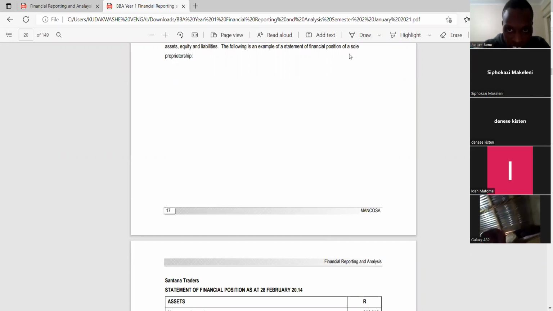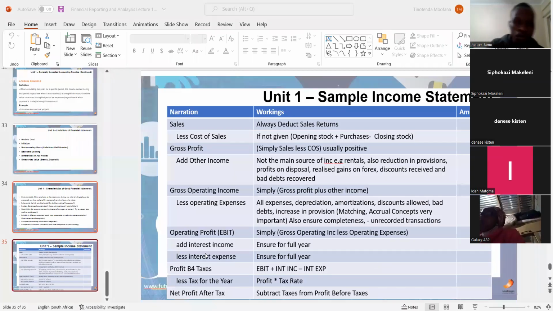Now, I will just introduce, just for a few minutes before we close, the statement of comprehensive income on 1.8. Remember what we said: we are simply saying, what are your income and expenses? That's why we call it a profit and loss account.